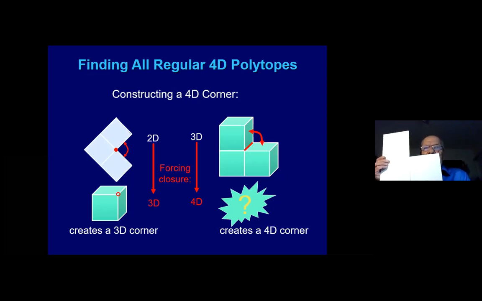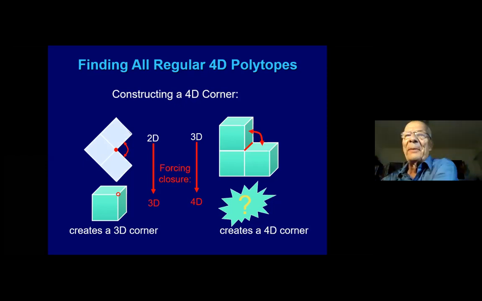Here I use the same 2D model again, but now assume that a 3D cube is behind each one of the 3 squares. And once again, we are trying to force this wedge of 3D space closed. As we do so, the whole thing pops up in one higher dimension and forms a 4D corner. Okay. Hopefully in your mathematical mind, you can see that this may indeed happen.